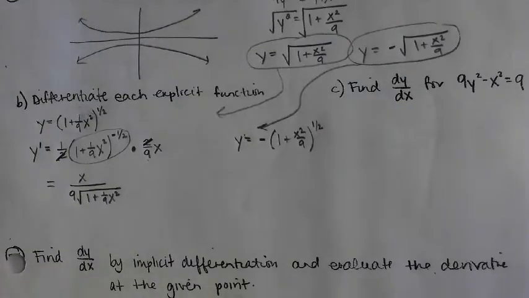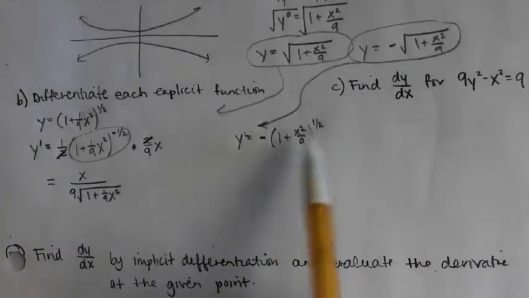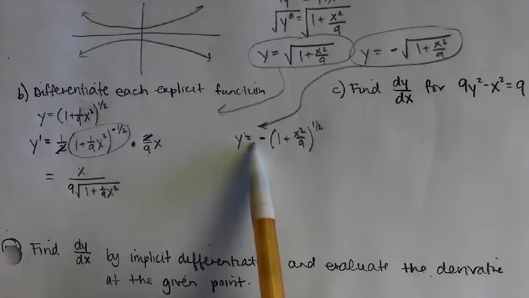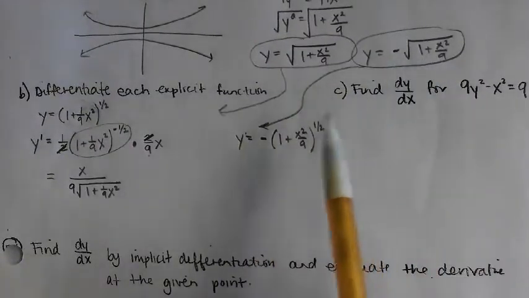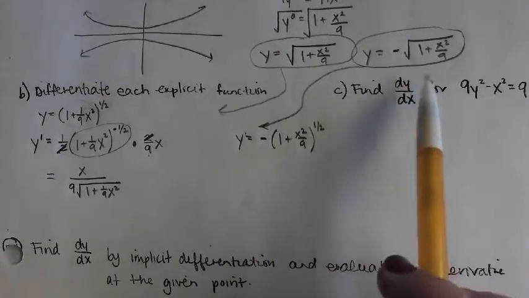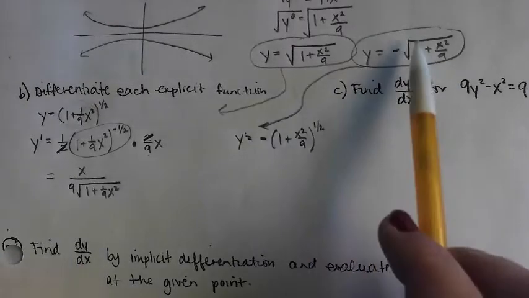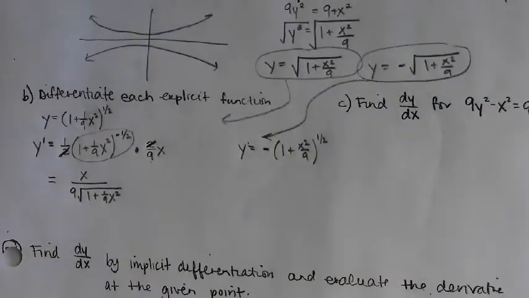No. Do you see why? Now that I write it this way, I'm still going to take my 1/2 out in front. It would have only been the negative 1/2 power if this was in the denominator and I was taking it out. That negative is a coefficient on still something that's raised to the 1/2 power.